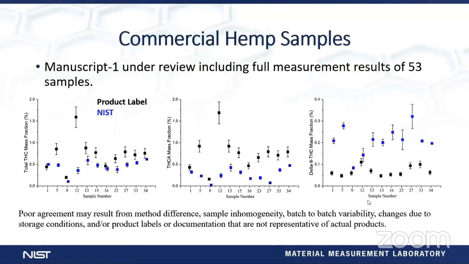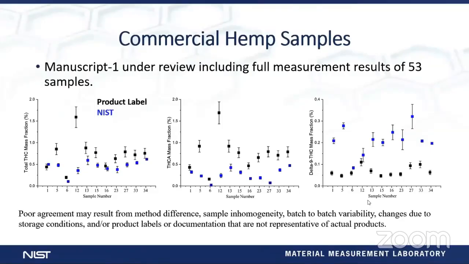Sample inhomogeneity is a big concern, batch-to-batch variability, changes due to storage conditions, as I mentioned, but also product labels or documentation that are not representative of actual products. So essentially, they could have had it sent off to be measured when they first had it, after it was packaged, and then 2 years later the documentation might not be adequate, and product manufacturers should send it off to get tested a little bit more regularly.